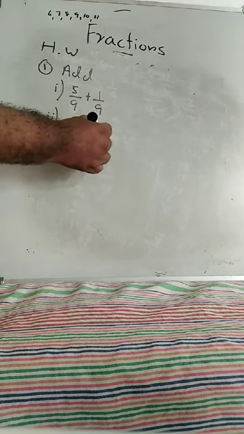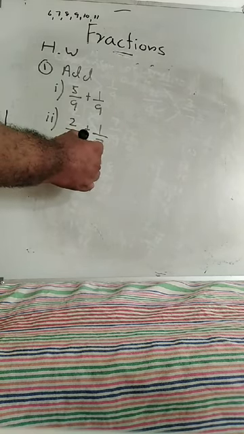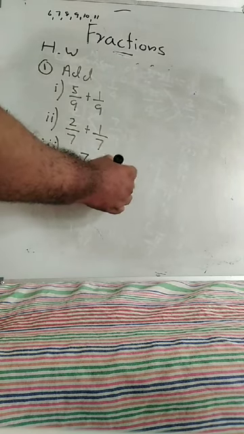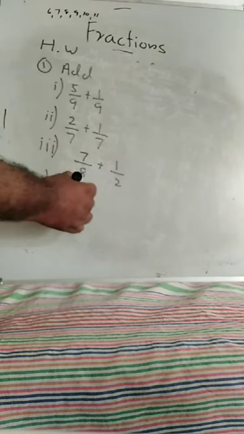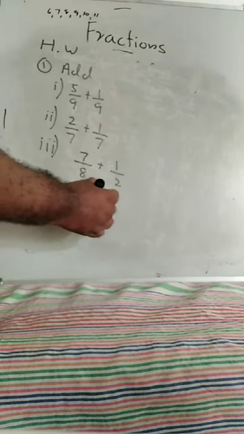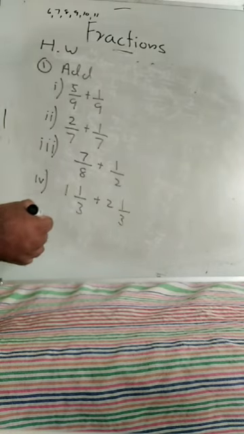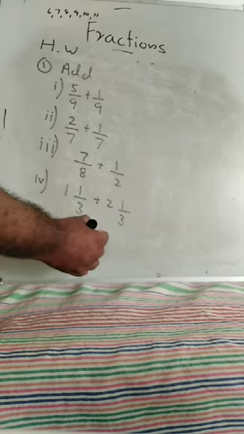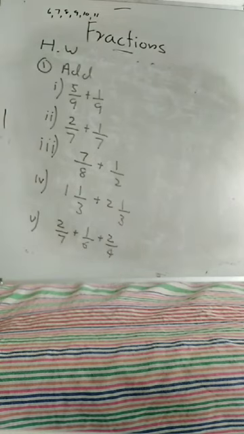Third one, 1 upon 2. Fourth one, 3 plus. Fifth one. Right? Do this at home.